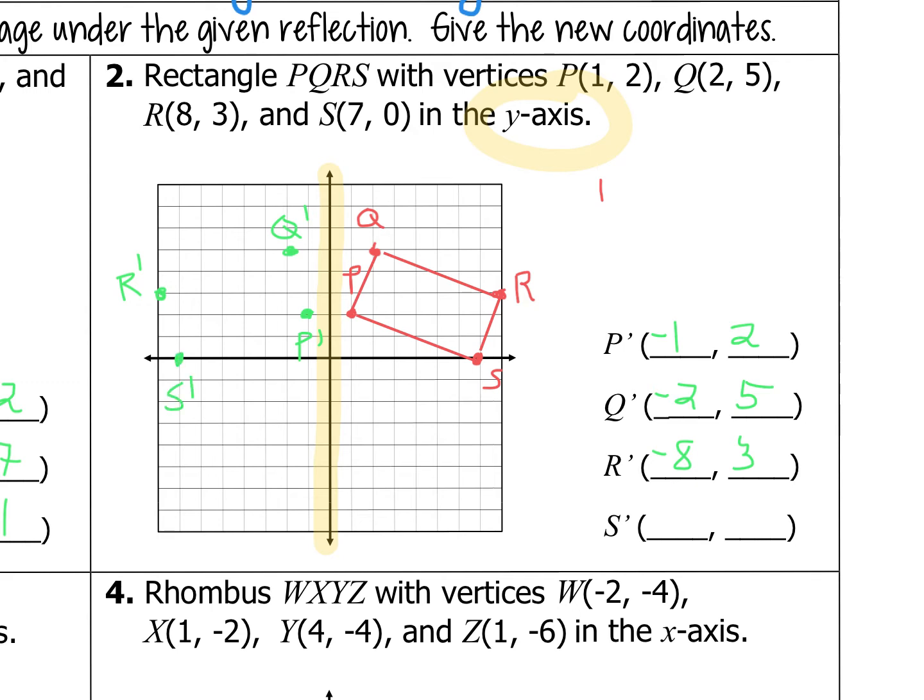Then identify that ordered pair from the origin. We went left 7 and up nothing. And then we're going to connect the ordered pairs with a straight edge. And there you have it.